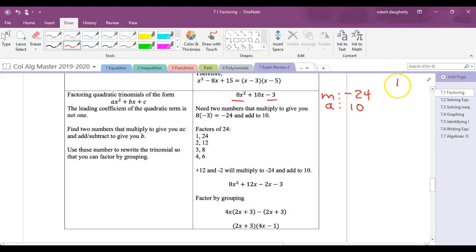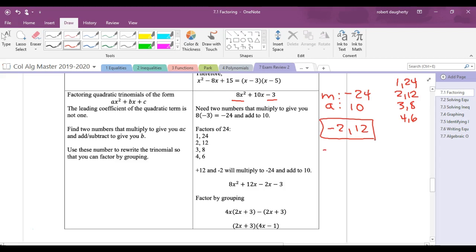So the factors of 24 are 1 and 24, 2 and 12, 3 and 8, 4 and 6, and then they start to repeat. The only way that I can multiply these and get a negative 24 and a positive 10 is going to be a negative 2 and a 12. Those numbers multiply to negative 24 and they add to 10.